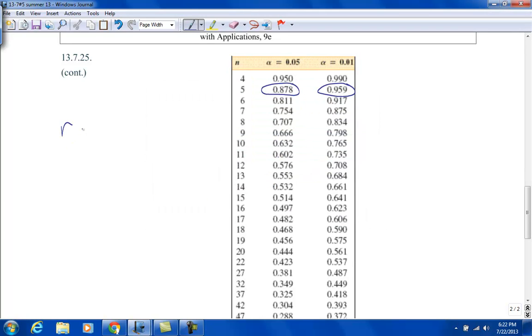R equals negative 0.066, and negative 0.066 is not less than negative 0.878. And negative 0.066 is not less than negative 0.959. So no correlation exists in either case.